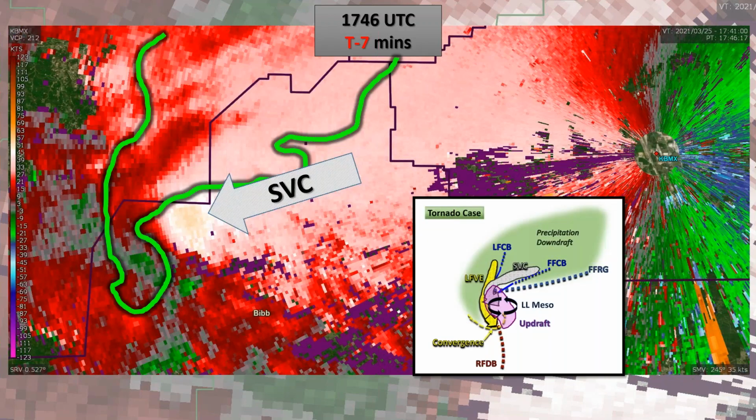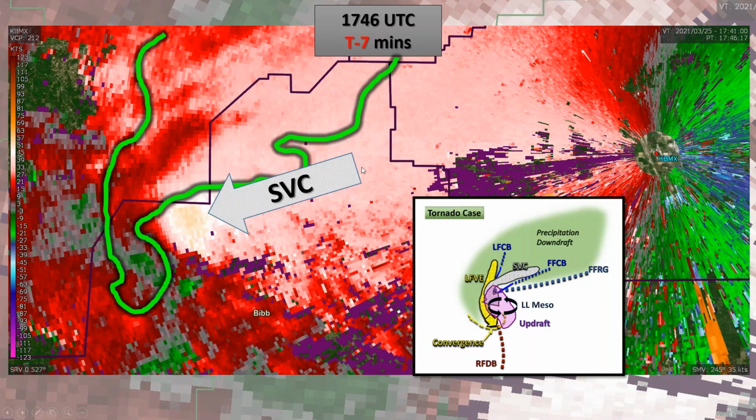So looking at the half-degree storm relative velocity even a little bit closer here, you'll note that this outbound signature seems to be aligned along and pretty close to that forward flank convergent boundary, and certainly behind where the forward flank reflectivity gradient is, or adjacent to it, I guess I should say. So based on the conceptual model, we would think that this outbound signature is probably dominated by the SVC.